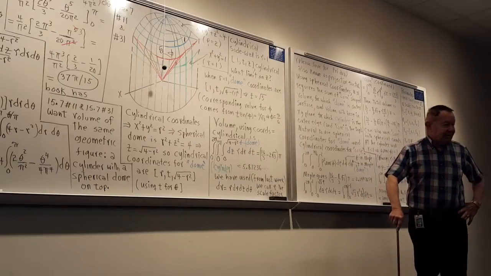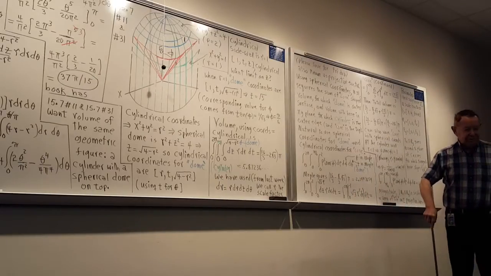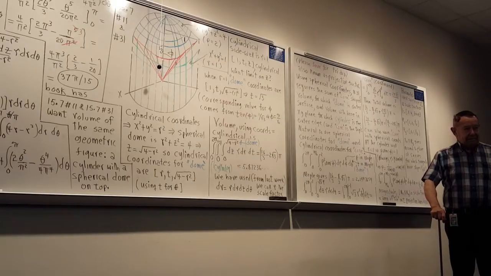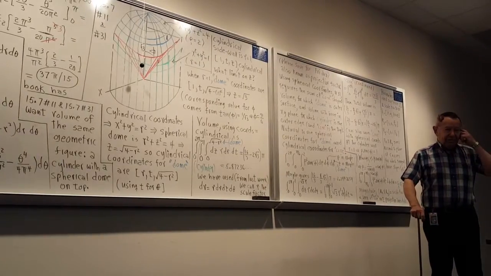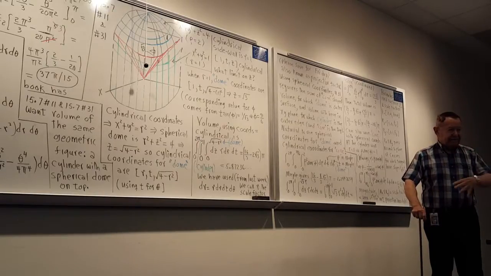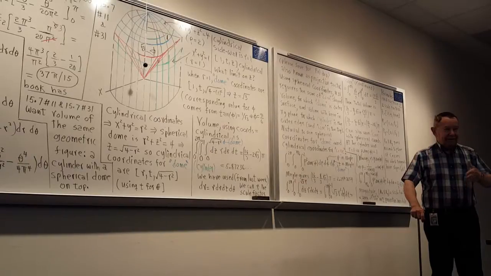It's similar to what we faced when we were doing double integrals in polar coordinates, and we had something like a triangle as our region, where we had to figure out how to write a horizontal line or a vertical line in polar coordinates.